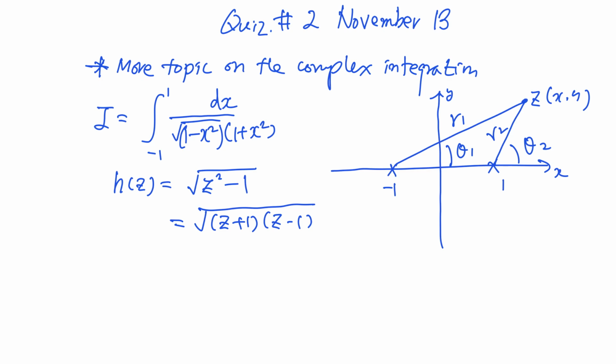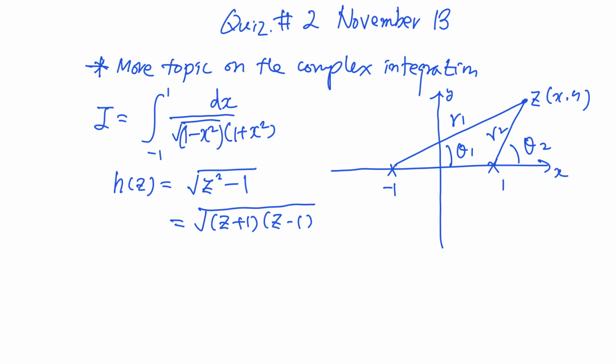And we can say we have 2 points, -1 and +1, and say the distance from -1 to z is r1. The angle between the x-axis and this straight line is θ1. On the other hand, we can put the distance from +1 to z as r2 and the angle is θ2.